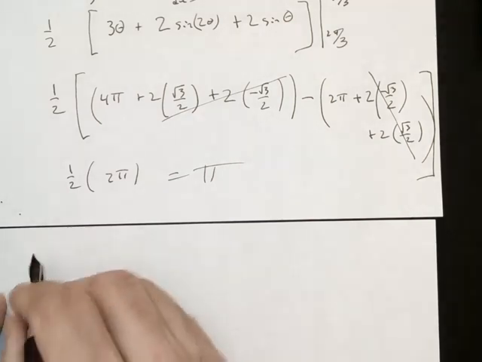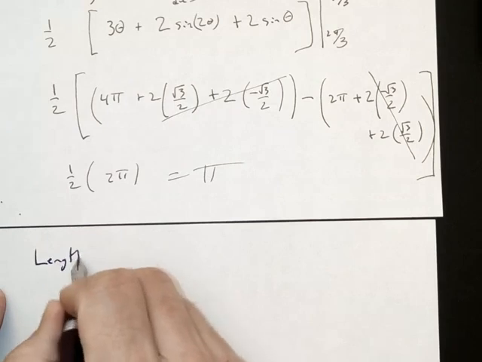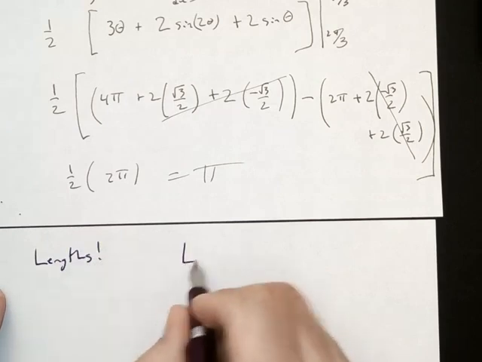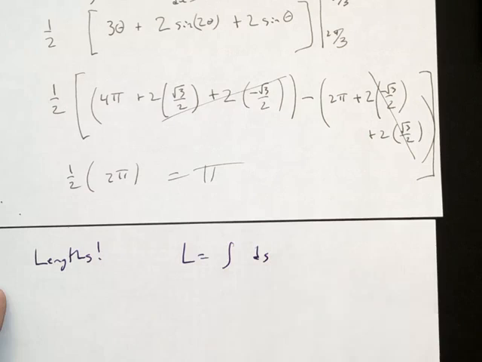I can do area, I can do length. Length, that's my arc length piece. All right, wait a minute. How am I supposed to get arc length out of r and theta?